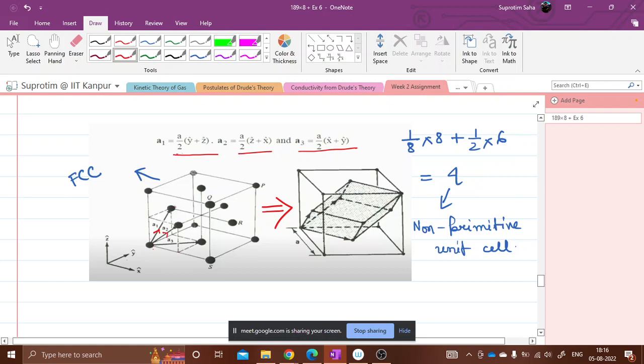Because if you choose this as the origin, you get the nearest face-centered atoms. All right. So this is one face, this is another face, and this is another face of the atoms that you get, and you get the nearest atoms. So by that prescription, you can construct using these lattice translational vectors.